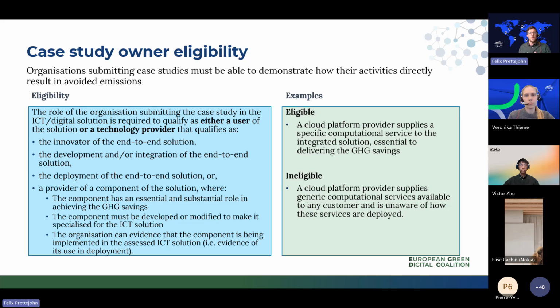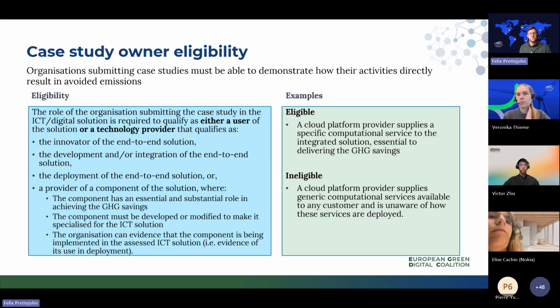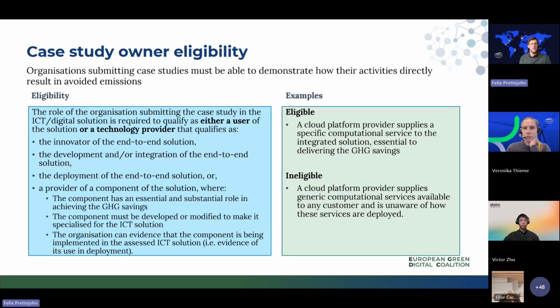So on the left-hand side, you'll see the roles that are eligible. The organization can either qualify as a user of a solution or a technology provider for the solution. And within the technology provider, the organization has to qualify as the innovator of the solution, the developer or integrator of the end-to-end solution, deployment of the solution, or a provider of a component of the solution.